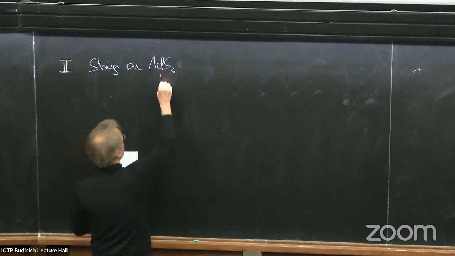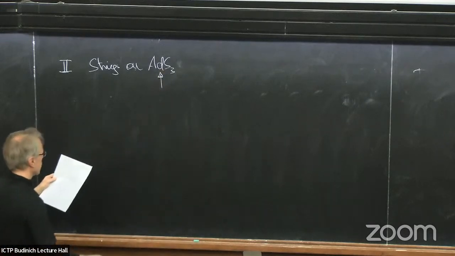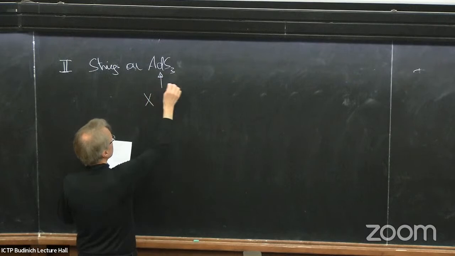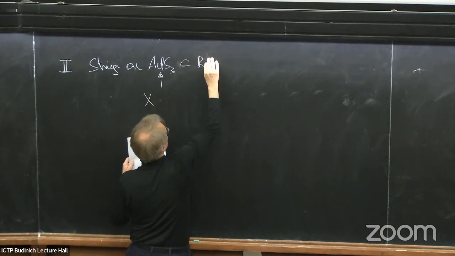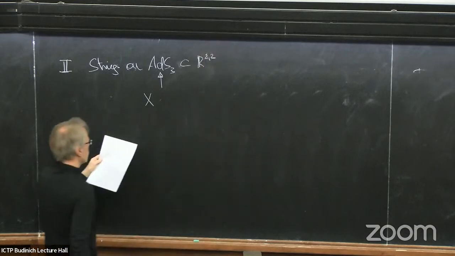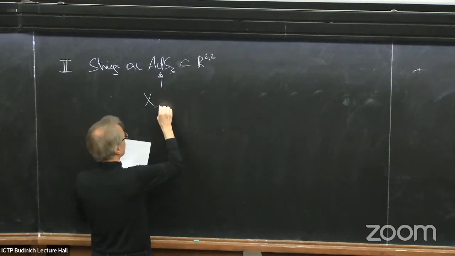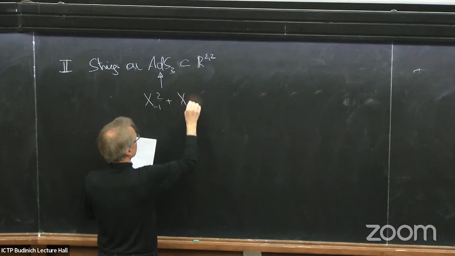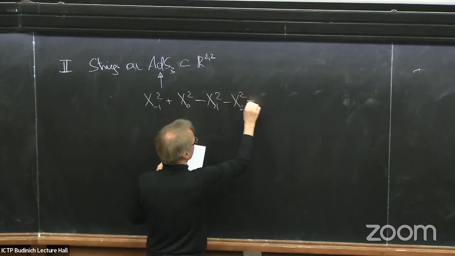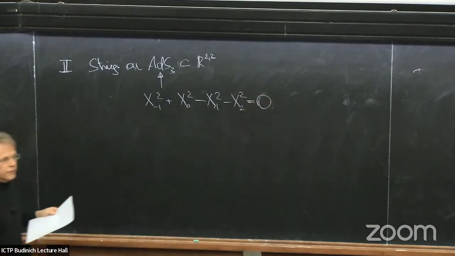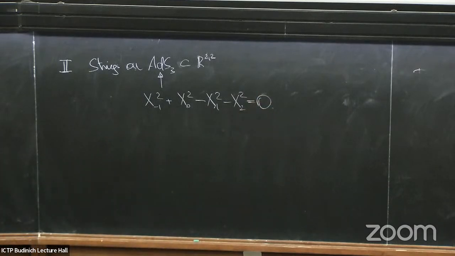You think of this as a subspace of R^{2,2}, and you impose the condition x_{-1}^2 + x_0^2 - x_1^2 - x_2^2 equal to 1.